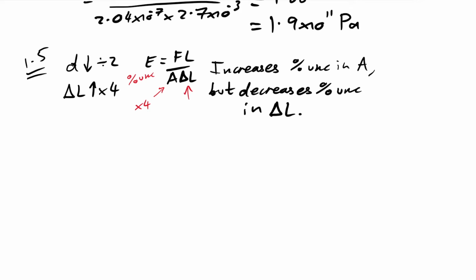But that results in 4 times more extension. So if we have 4 times more extension, then we've decreased the percentage uncertainty in the extension by a factor of 4 as well. So they should cancel each other out. So I'm not sure what to make of that answer. I think they're wrong, but hey, if you think I'm wrong, put in a comment down below and tell me why.